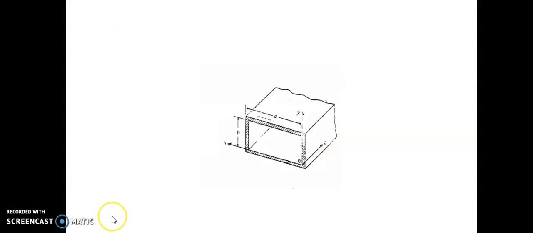We know that the boundary conditions are the conditions to be satisfied at the boundaries, and we know that the tangential component of electric field is continuous across the interface. So for TM modes, we have applied the boundary condition for the tangential component of electric field.